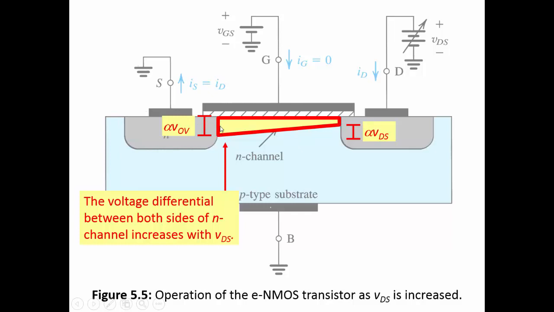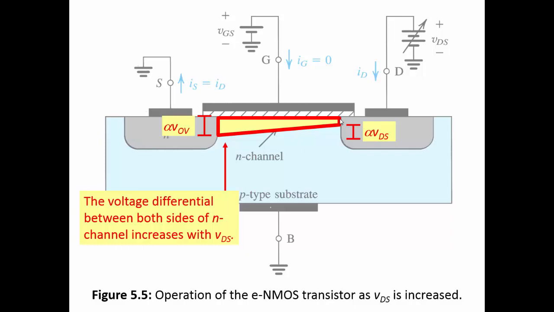So a 1/2 volt effective overdrive here, 1.5 volt effective overdrive at this end, that would imply that the channel depth at the left end is 3 times deeper than the channel depth at the right side, up at the drain. Previously, for the small VDS approximation, we assumed that the effective overdrive voltage along the whole length of the channel was just VGS minus V threshold, and so we had a constant depth, and therefore our charge per unit length was constant along the whole length.